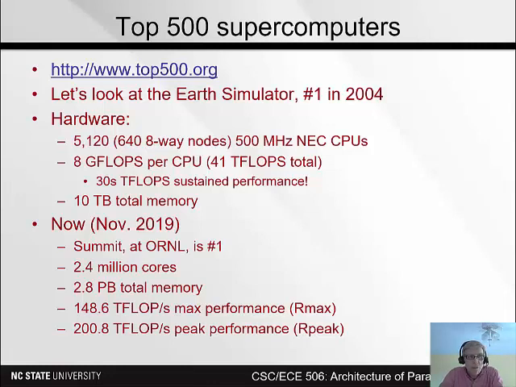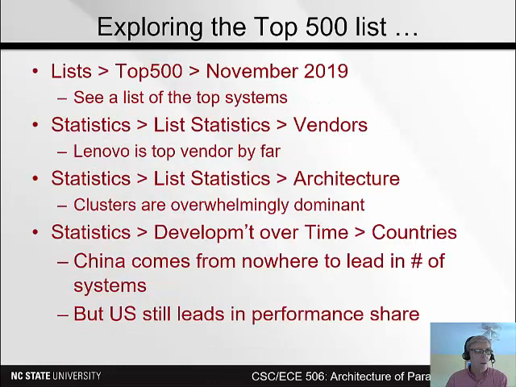So the supercomputers now are really much larger than they were back then. And what I'm going to ask you to do is go through and explore the list. For example, look at the Top 500 list from November 2019, and then look at the statistics and look at who the vendors are. You would find that Lenovo is the top vendor.